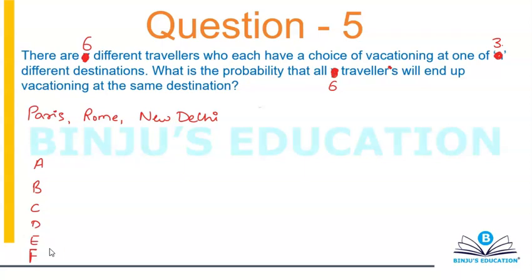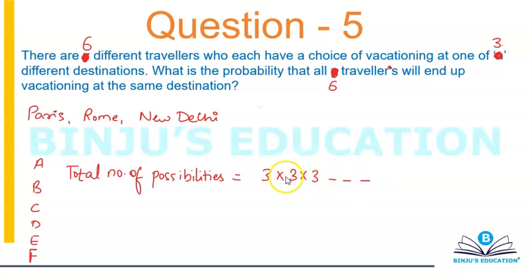Same thing goes with B, same thing goes with C, and D. So if I talk about the total number of possibilities, for A it's 3, B it's 3, C it's 3, and so on, and this will happen 6 times.